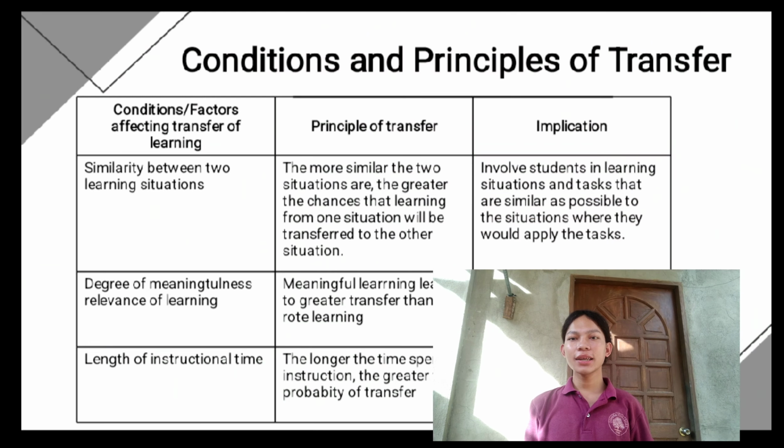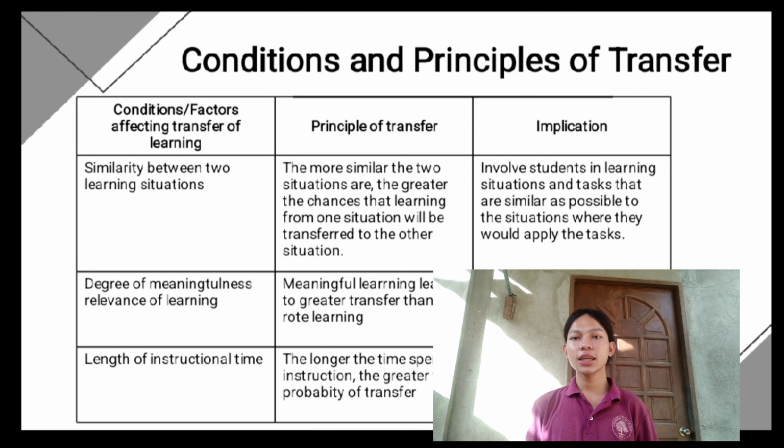So first, similarity between two learning situations. Based on the table, the more similar the two situations are, the greater the chance that learning from one situation will be transferred to another. For example, if a student learns how to solve word problems in math using addition, it's easier for them to solve real life problems like budgeting money or adding expenses because both situations are similar.